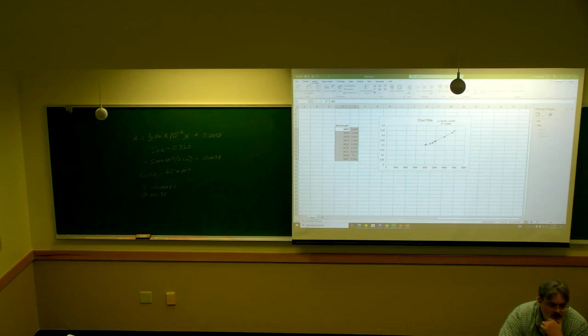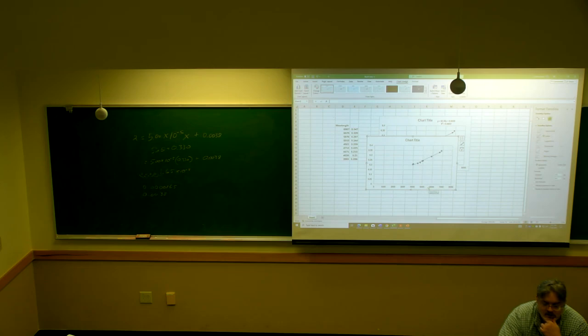And then you go up to insert, scatter plot, and do the one without the line. You guys with me? Mhm. And then you click the dots, and you right click, and you go down to add trend line. And then over here you want to click display equation on chart and display R squared value.